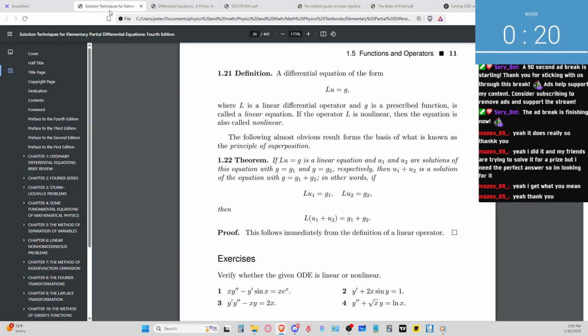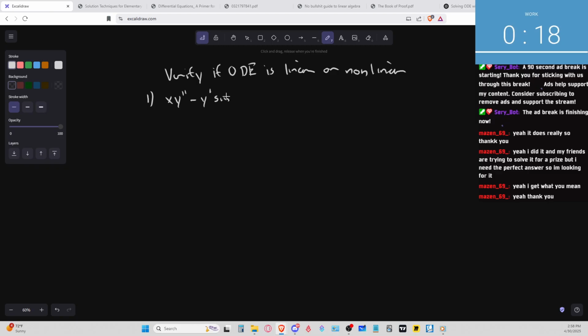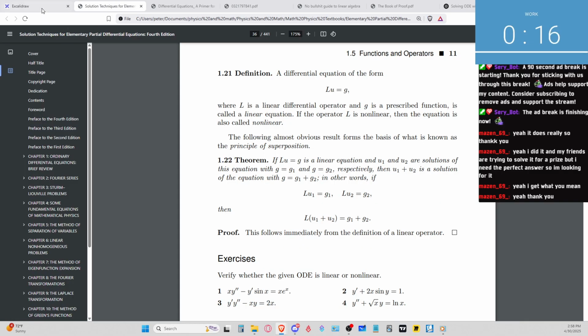Almost break time, but I'm just going to write these problems down so we know what we can continue on with the next study session.